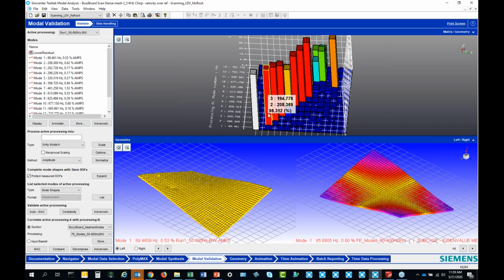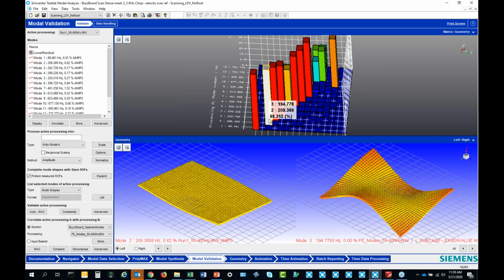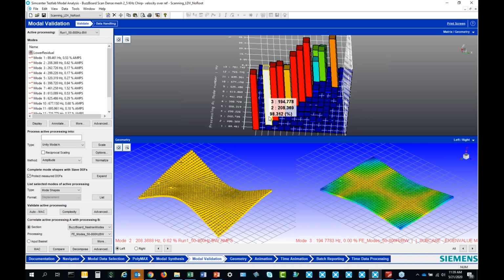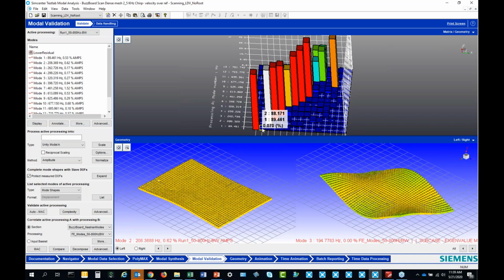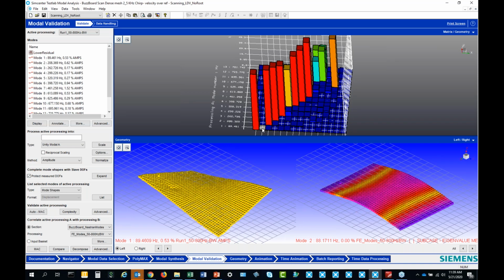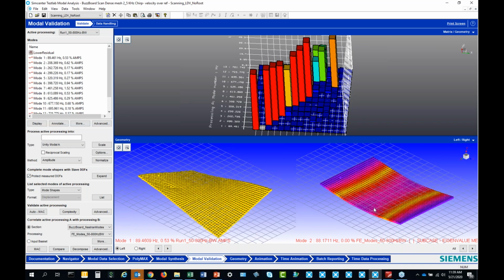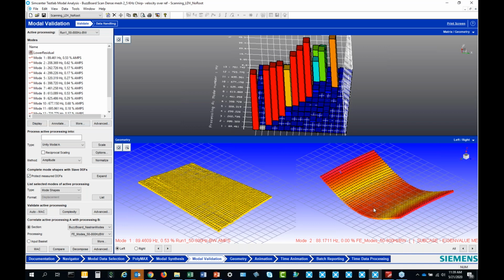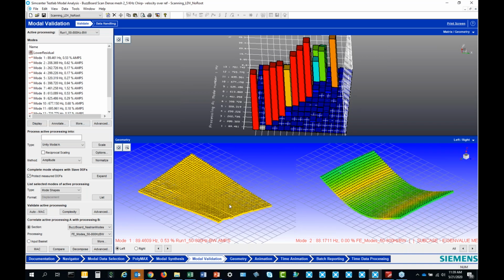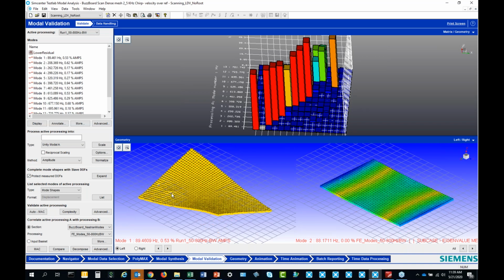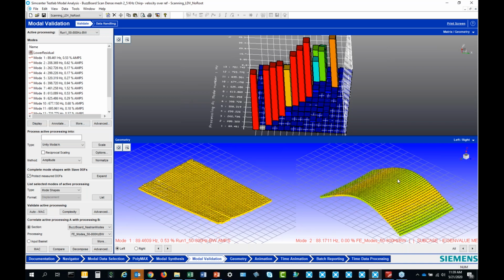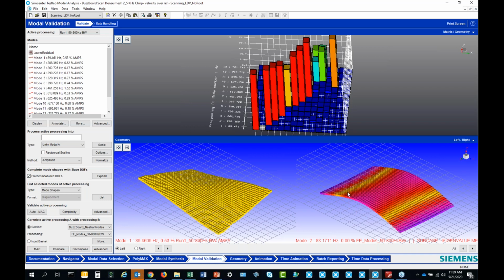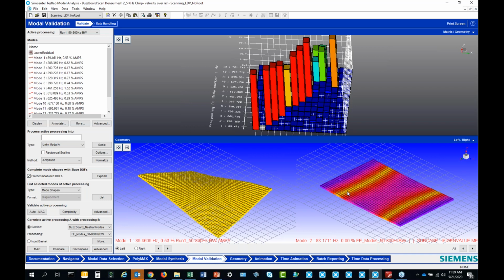We can look at the next correlated modes, and those are correlated to 98% with a slight difference in frequency. But notice that there was a mode missing here. If I click on this cell right here, I can see there's that bending mode, which was picked up by the analysis, but we didn't pick that up from the test. You can see right here is where the excitation point was, and that aligns with the node line of that first bending mode.